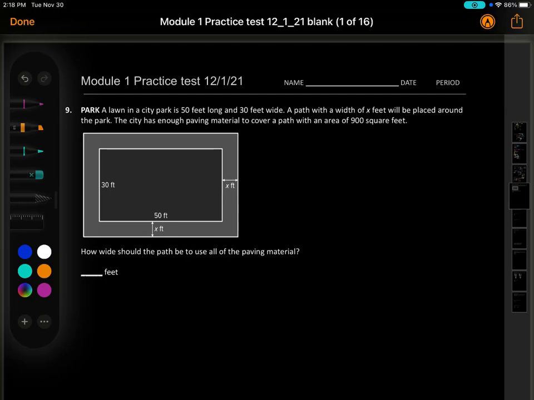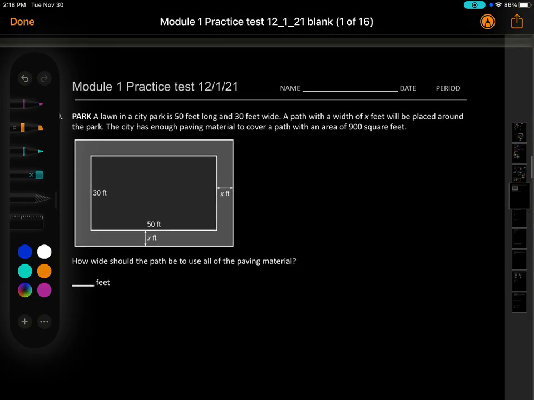Okay, in these problems, I'm going to call this the shaded region. So I have two things. Let's see if I can color code this. I have this blue one, which I'm going to call big.